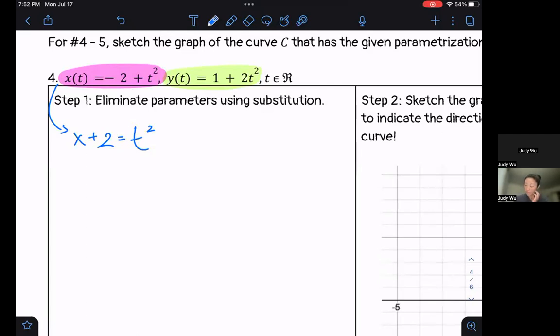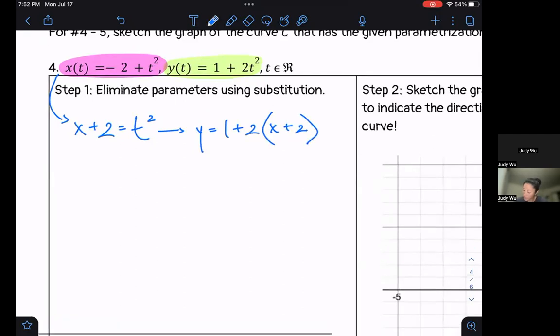And here's why. I notice that the other equation already has a t squared. That means everywhere I see a t squared, I can put x plus 2. No need for square root. Y equals 1 plus 2, instead of t squared, I'm going to put x plus 2.